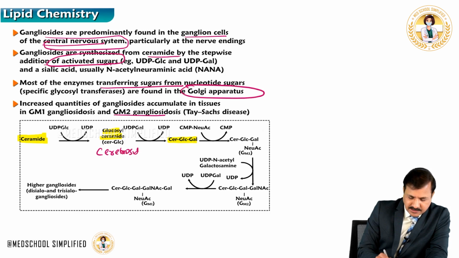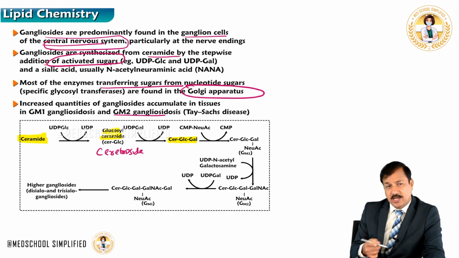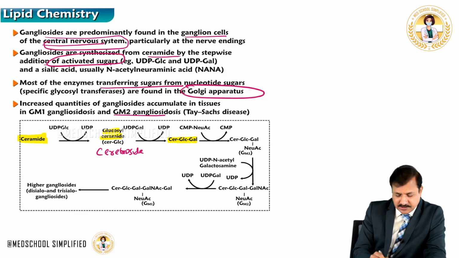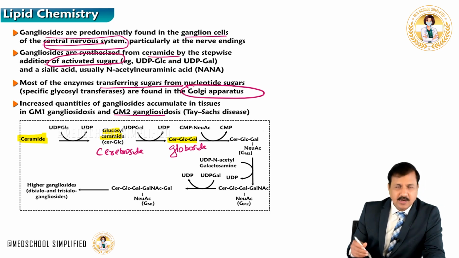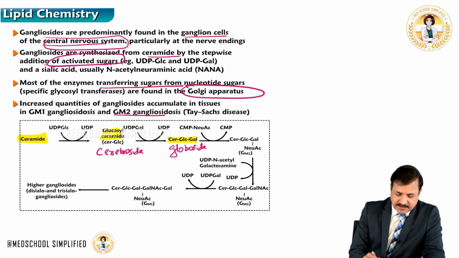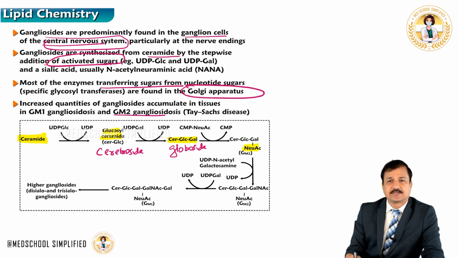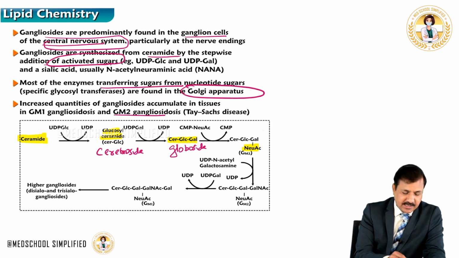We have made cerebroside. As we are going towards ganglioside, there is cerebroside formation, and then cerebroside is converted to globoside, and then there is an addition of N-acetyl neuraminic acid, that is a sialic acid, and with this sialic acid addition we get ganglioside now.